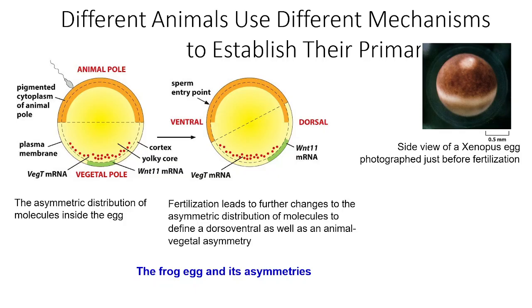In the frog egg, that's Xenopus, molecules are asymmetrically distributed even before fertilization, defining an animal-vegetal axis. Fertilization then induces further rearrangements that define dorsal-ventral asymmetry.